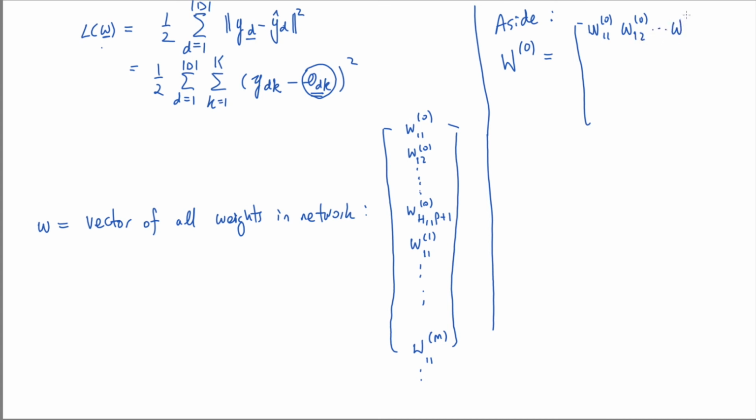The way we've set up these indices is actually meant for usage in matrices. Matrix notation is row by column, so you can think of every row as the weights from the previous layer to the first node in the second layer. This is going to be W0, 2, 2, W0, 2, P plus 1, and so on. Okay, let me just write them all out.